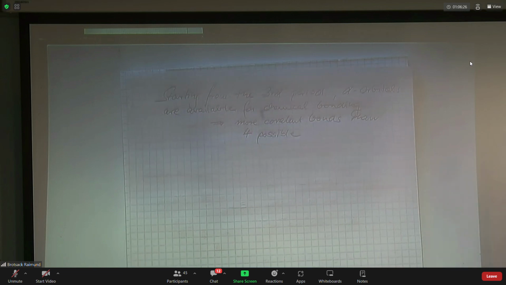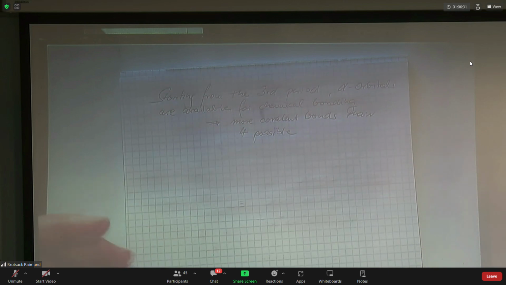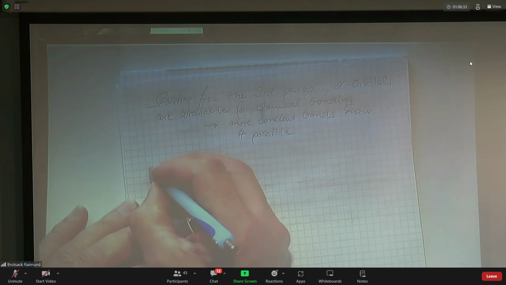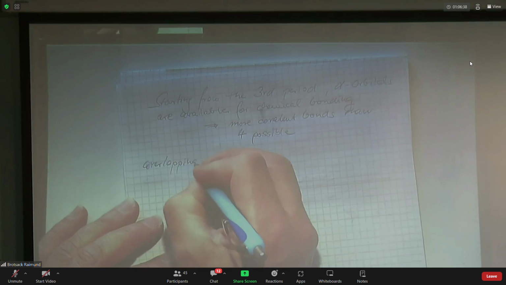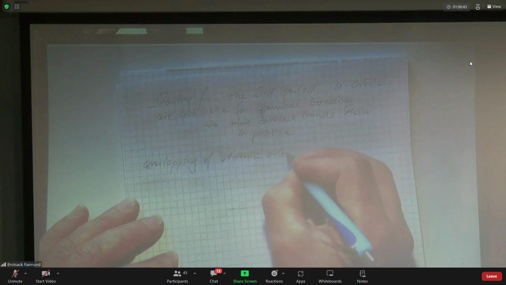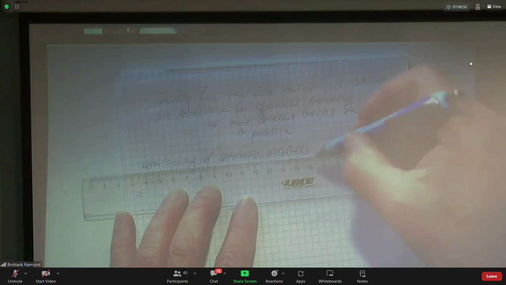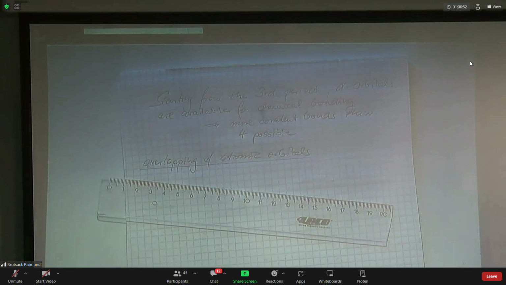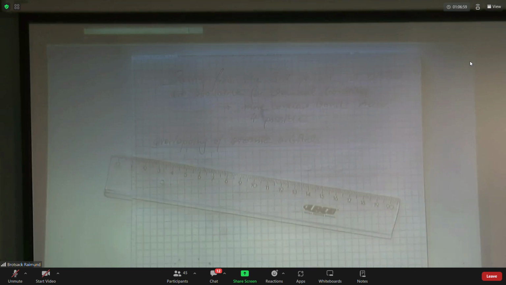Well, to go on with this, we talk about the so-called overlapping of atomic orbitals. Overlapping.